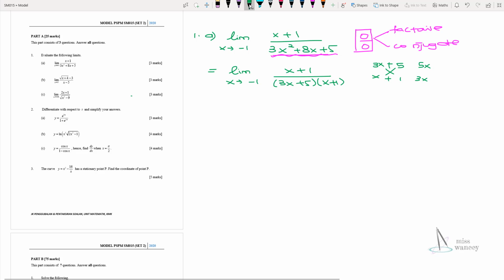Of course, you can cancel out x + 1 with x + 1. We are left with the limit as x approaches -1 of 1 over (3x + 5). Substitute x with -1: 3 times -1 is -3, plus 5, so it becomes 1 over 2. Done with question number 1a, so let us proceed with question number 1b.